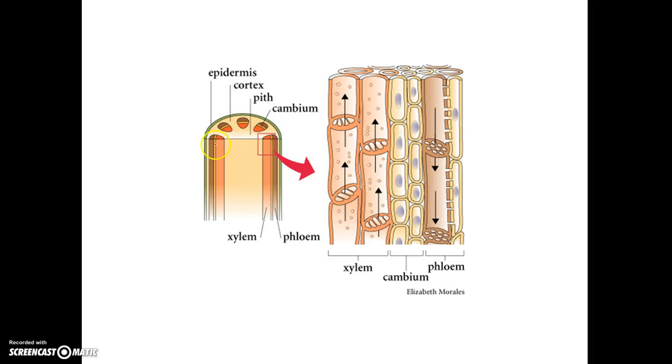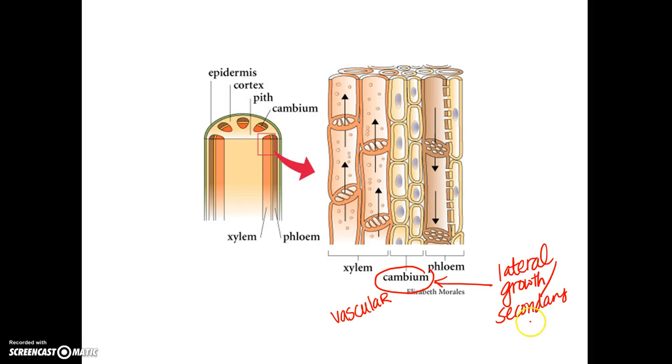So this is a stem right here. Okay. The cambium. Cambium is very important. This is actually the vascular cambium. And this is the tissue that does lateral growth, which is also called secondary growth. Okay, so this is going to make the stem wider. And so the cambium basically does mitosis, over and over and over.